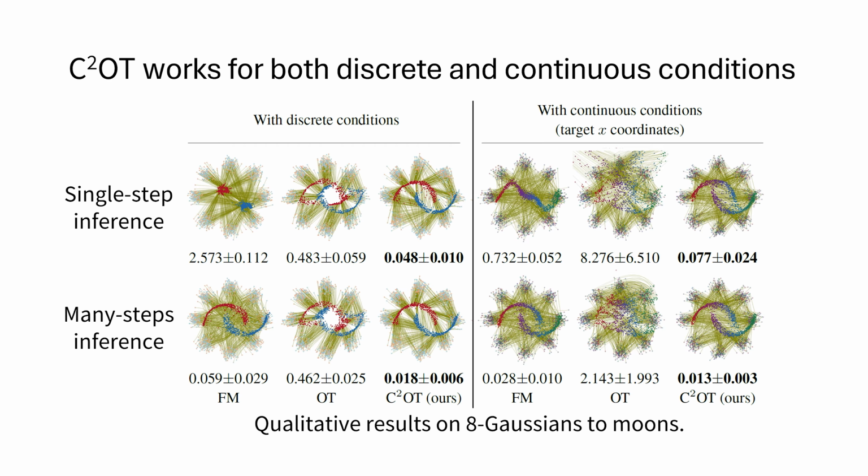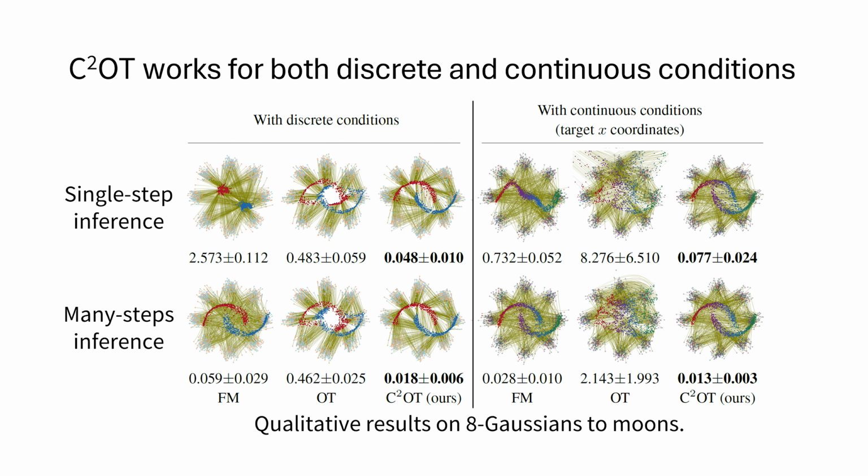In the first row, we show the result of single-step inference, which relies on having straight paths for high-quality samples. In the second row, we show the result of using adaptive many-step inference, which is the more expensive option. Note that C2OT has notably better performance with both types of conditions.